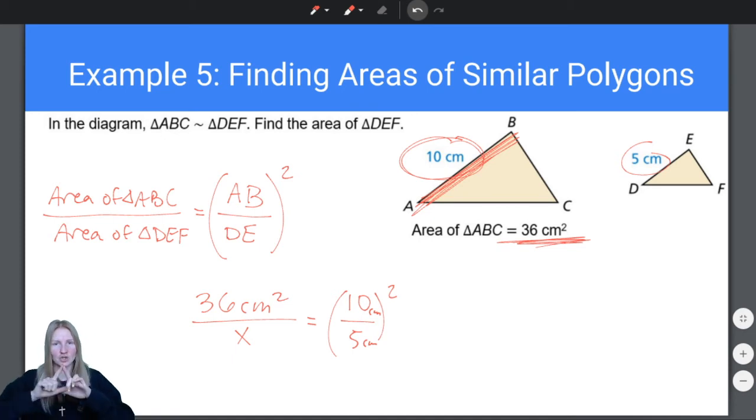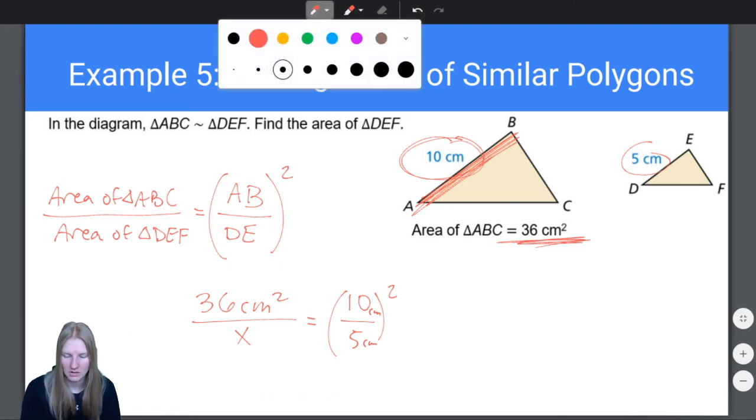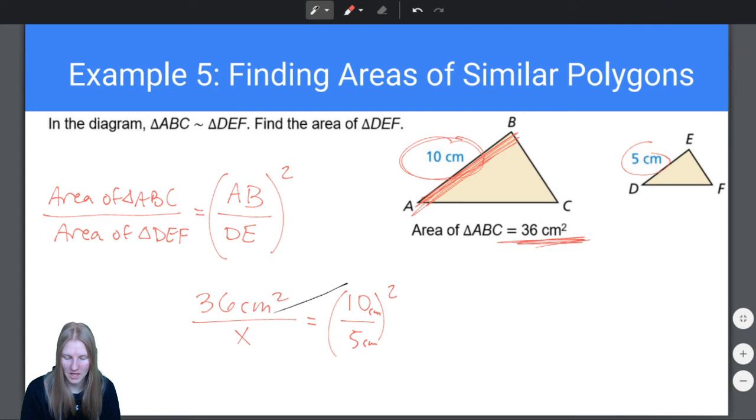Remember, area is two-dimensional. That's why we need to square things. We have centimeters squared because area is two-dimensional. Perimeter is just one-dimensional. It's just length. Now we have a proportion. We can cross-multiply or make our butterflies.